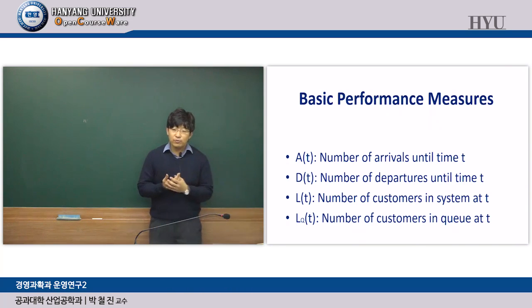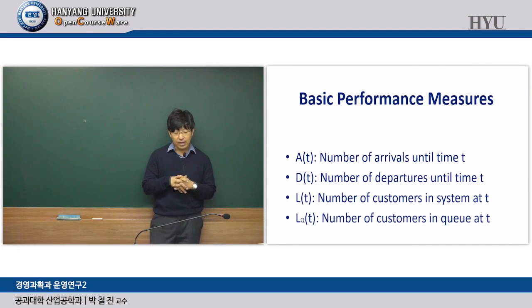So we are going to formulate this system to evaluate such measures with a certain mathematical notation. Say A(t) is the number of arrivals until time t to the system. D(t) represents the number of departures until time t.